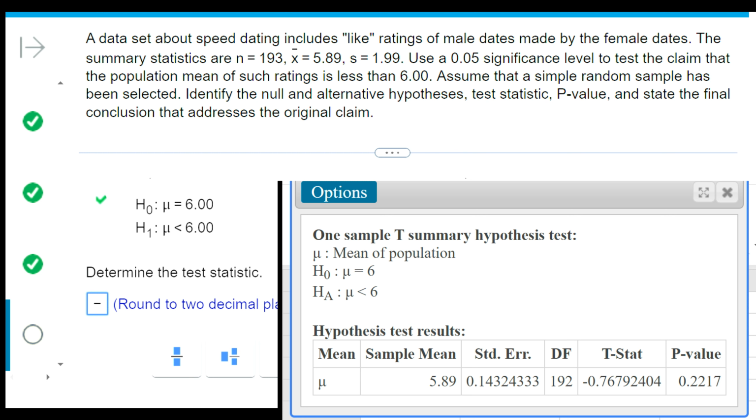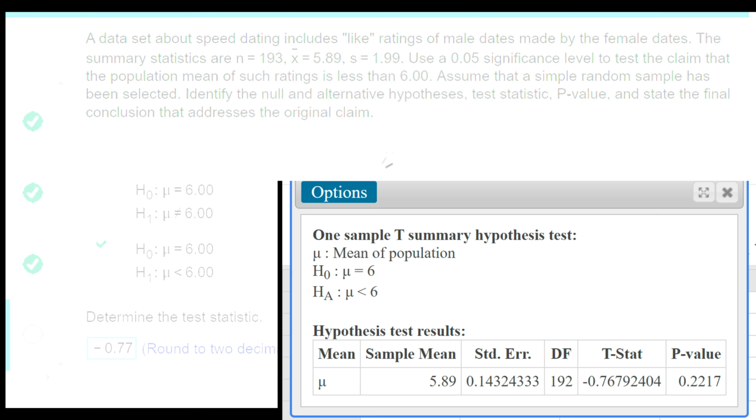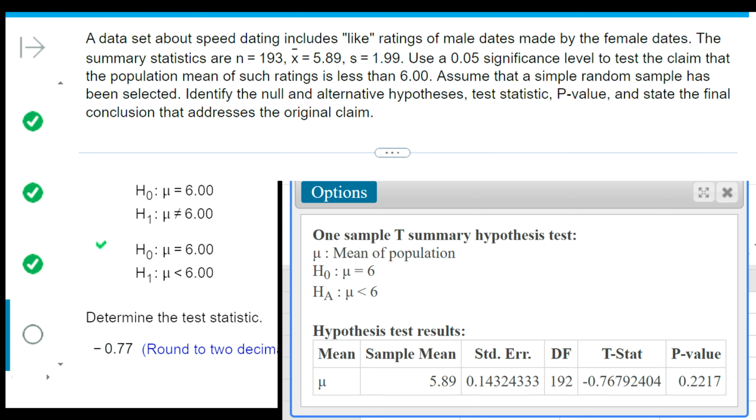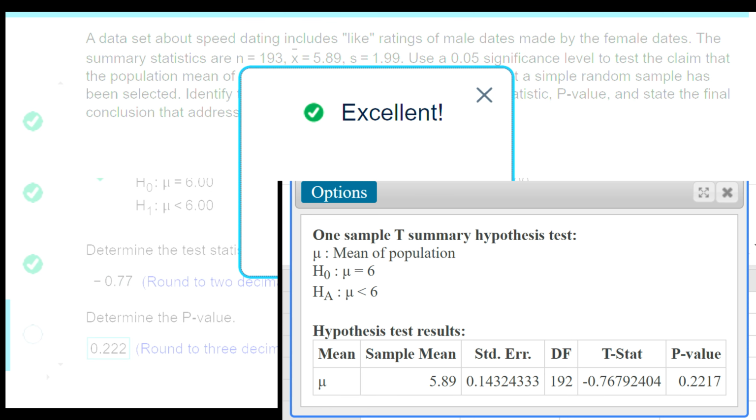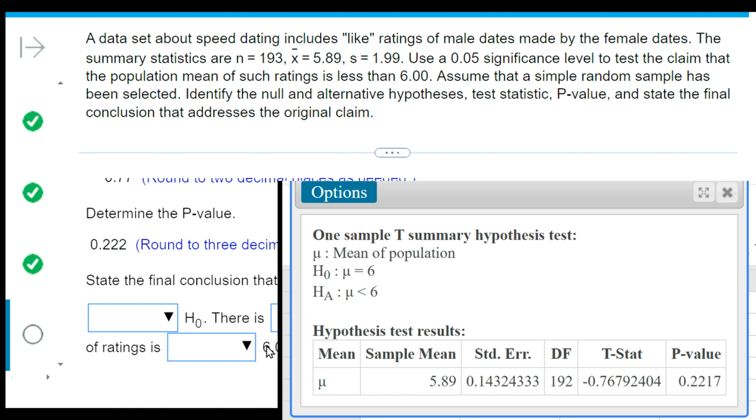The test statistic is minus 0.77. P-value, 0.222. That p-value is not low.